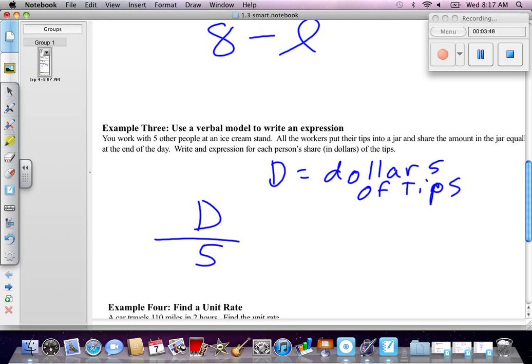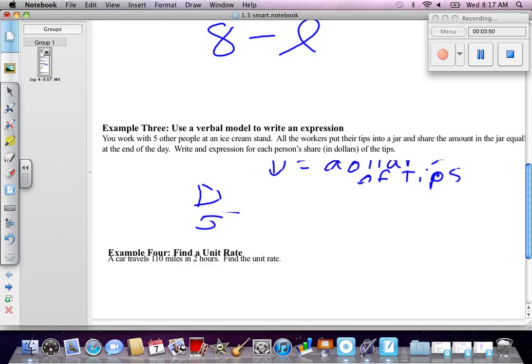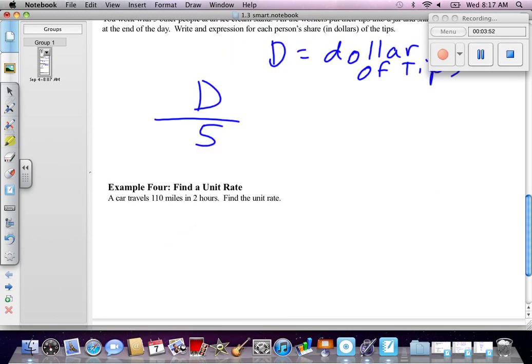So now we're going to do some where we have to solve. We're going to find the unit rate. If a car travels 110 miles in 2 hours, we want to find how far it travels in 1 hour. So what are we going to do?